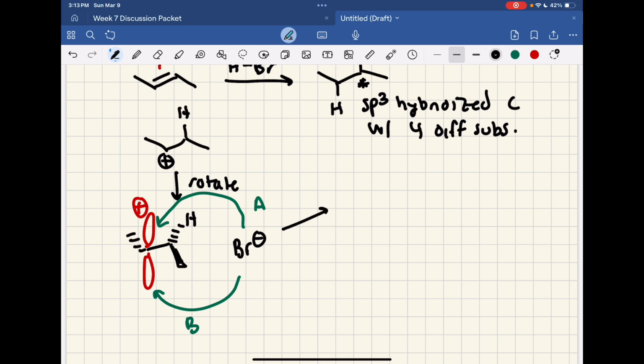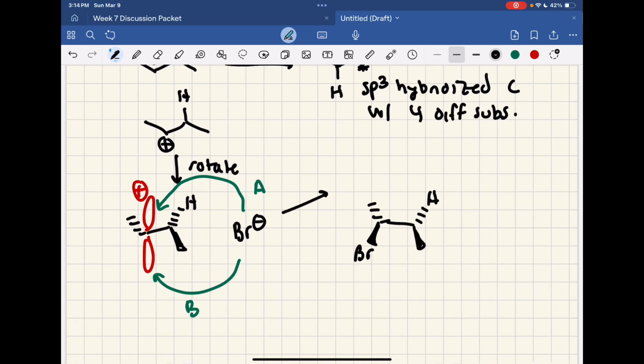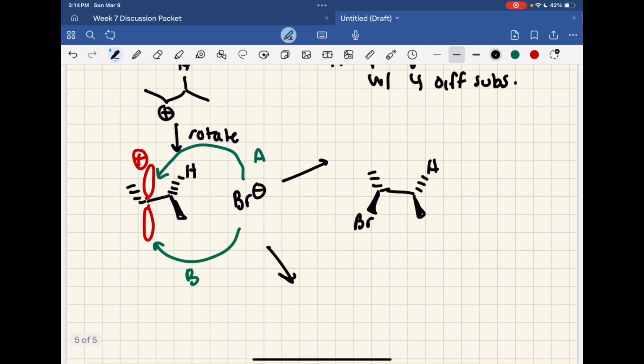If it attached to pathway A, it's attaching from the front face. So essentially that would be, versus pathway B that attaches from the back face here.